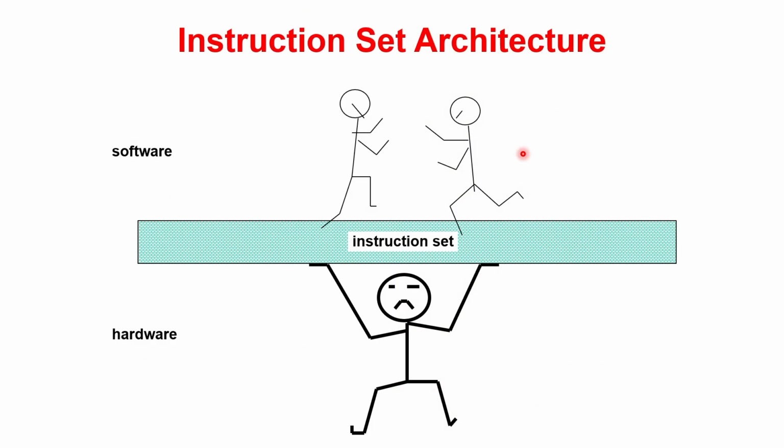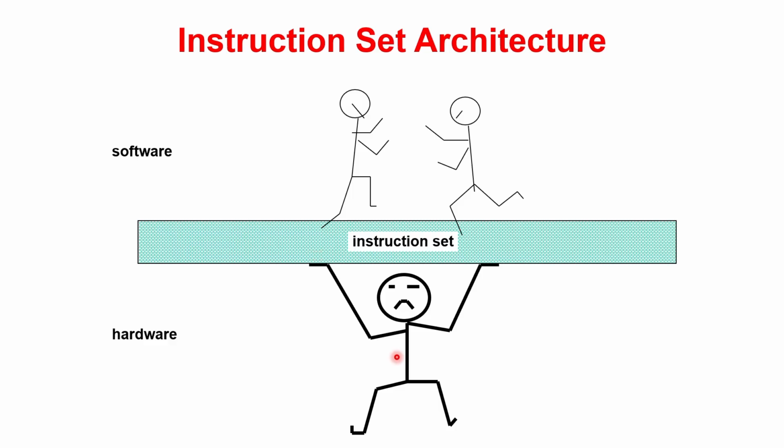Okay, so this diagram shows the critical role of the instruction set architecture. The instruction set sits at the boundary between software and hardware. It acts as the bridge or interface that allows software to communicate with the underlying hardware.